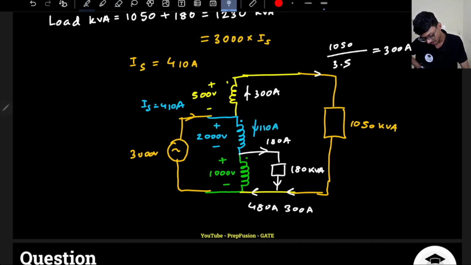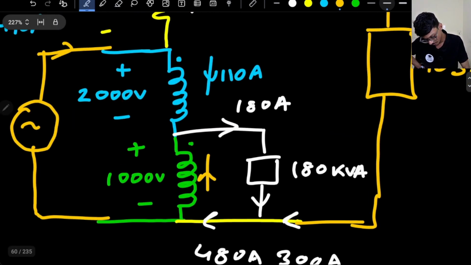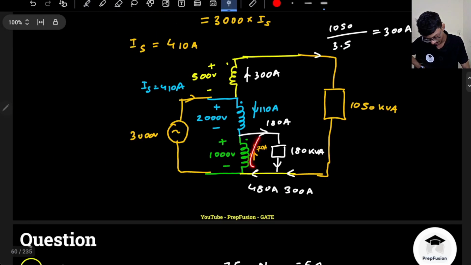Okay, so 110 amperes is coming from here, 180 amperes is going from here. So from here how much current should come out? 70 amperes in this direction, 70 amperes in this direction. Okay, got it?